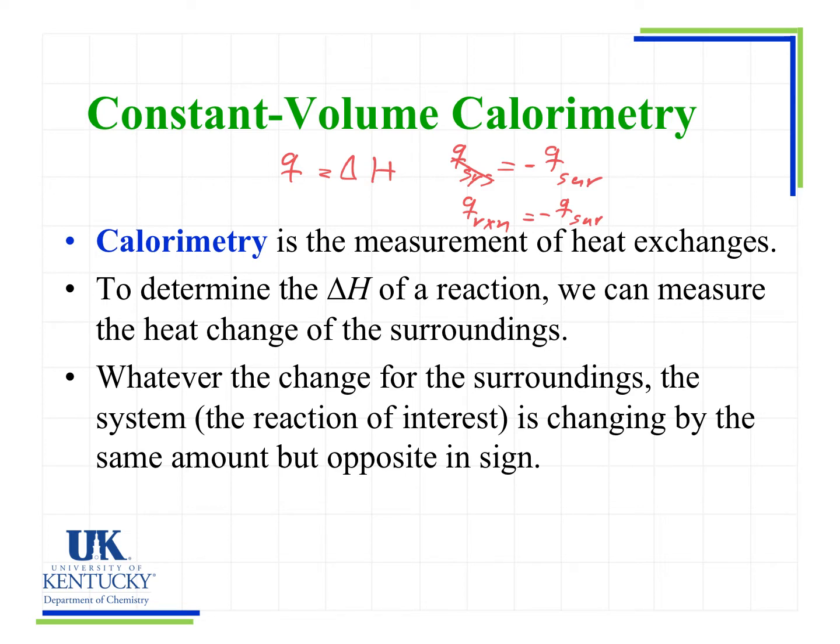We've already learned about calculating heat, so we can calculate the change in temperature of the surrounding. And if we know the delta T, the mass of the surrounding and the specific heat capacity of the surrounding, we can use the formula mc delta T to find the Q of the surrounding, and then we can find the Q of the reaction.